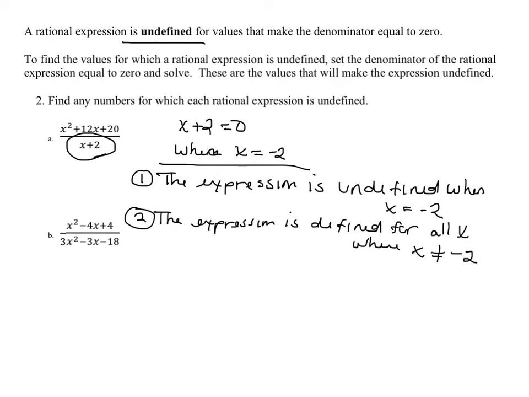Yeah, let's. I'm going to do this one in blue. So we get 3x squared, and all we have to do is figure out where the denominator is 0. Now, why do we have to do that? Well, because we can't divide by 0. So we need to get rid of all the x's that make that denominator equal to 0. So that's what we're doing. Now this goes back to solving quadratic equations, but the cool thing is I'm just going to divide everything through by 3.